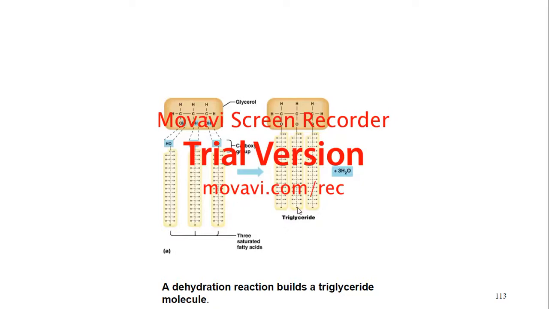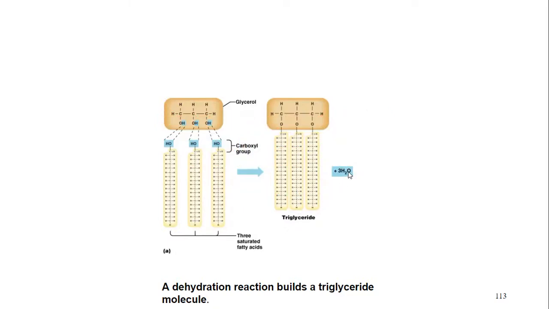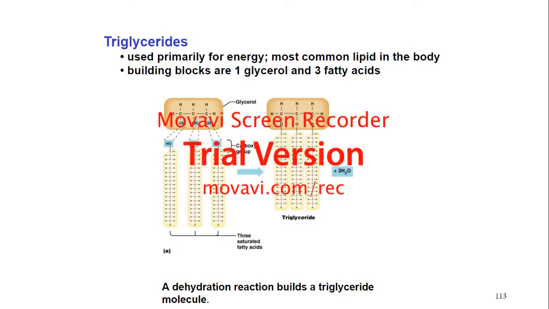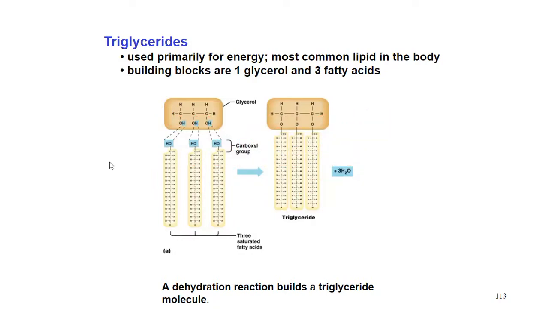And you are removing water. Triglycerides are used primarily for energy, the most common lipid in the body. So again, the building blocks are glycerol, then you add 3 fatty acids to the glycerol, and you have a triglyceride.